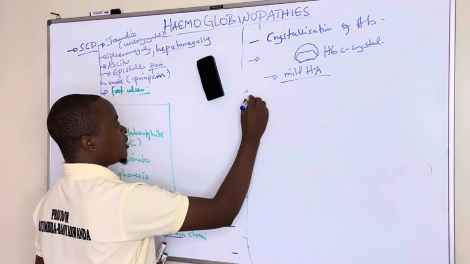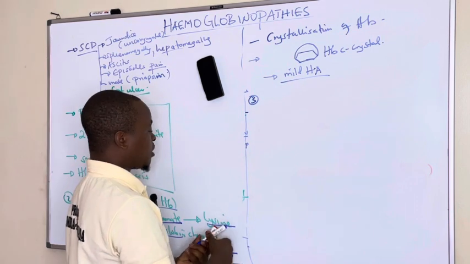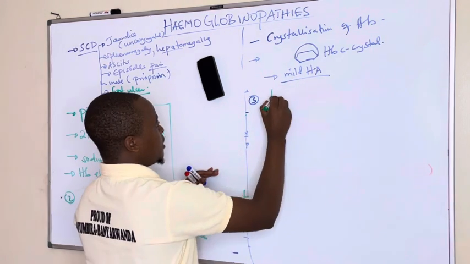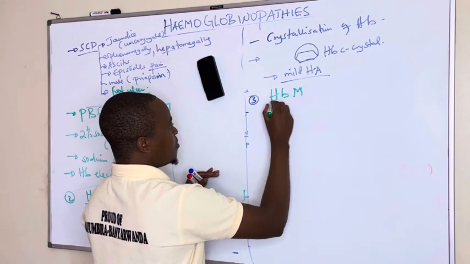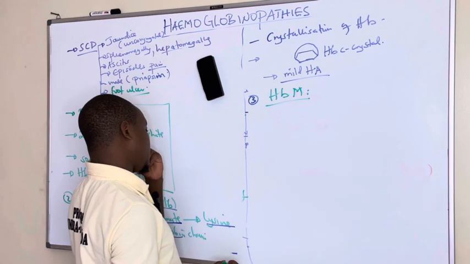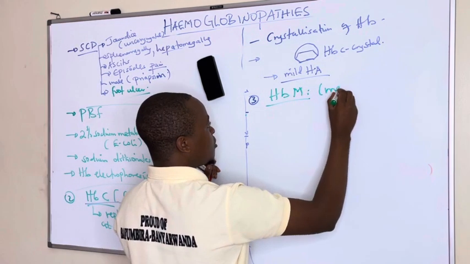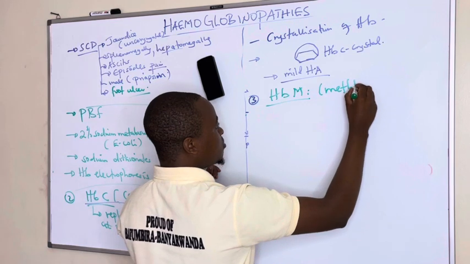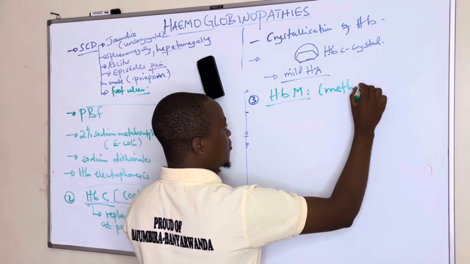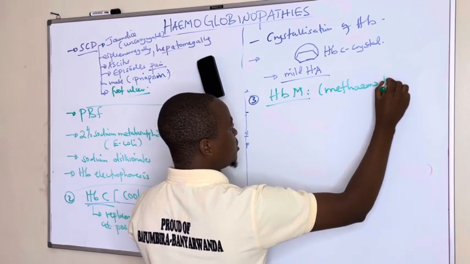Then number 3, we can talk about HbM, another hemoglobinopathy, where M stands for methemoglobin. This methemoglobin is also genetically acquired due to mutation of the genes.